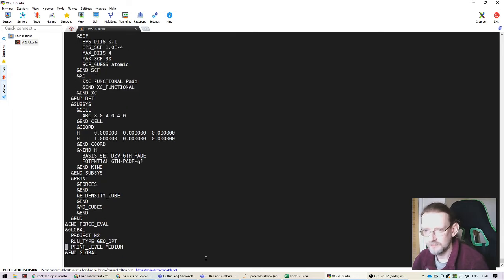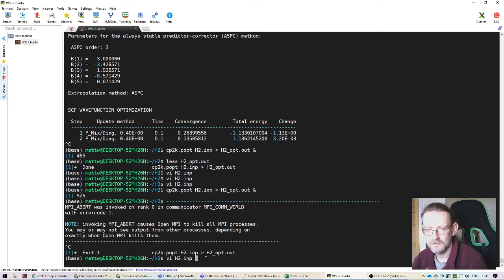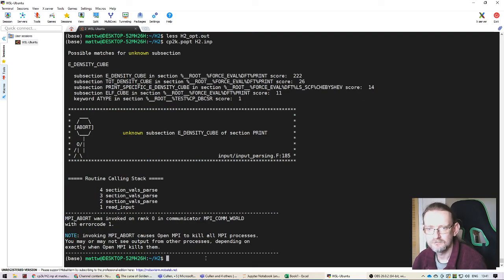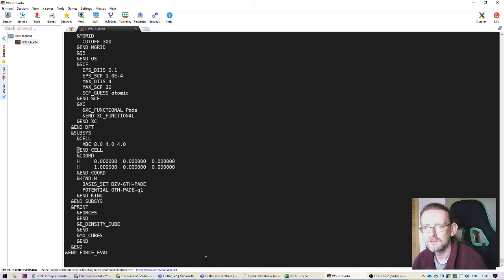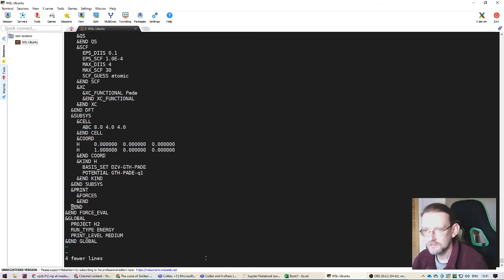I will just do this for the initial state, so I'll just do it. Typo. Have I done this wrong? I put this bit in the wrong place.